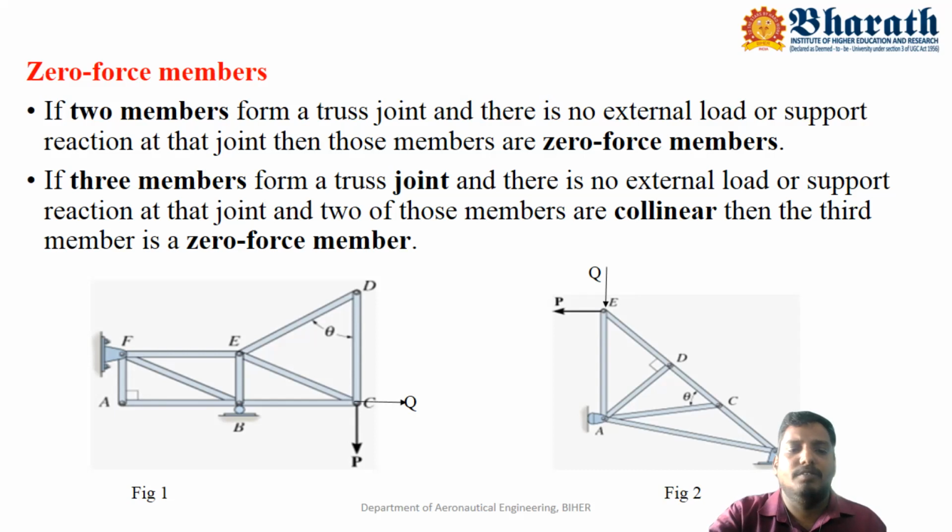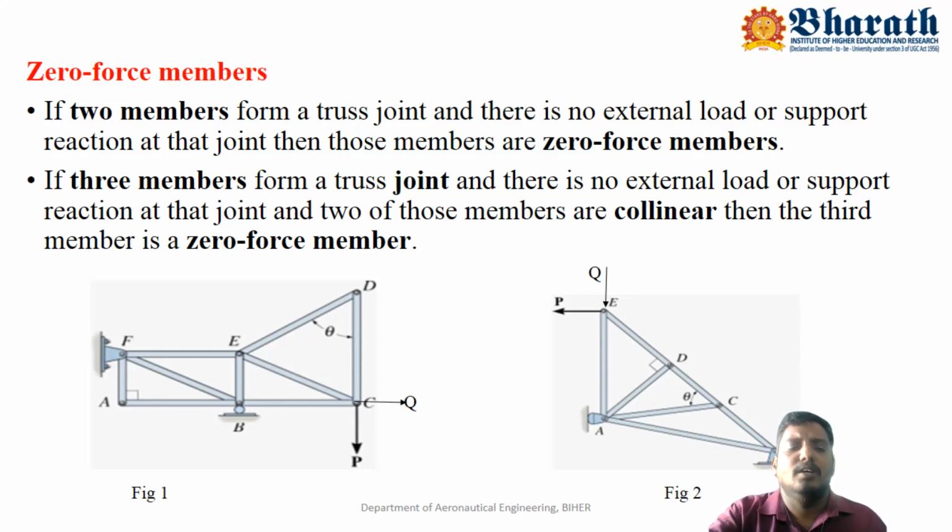Now look at figure 1. In figure 1, joint A has 2 members, and there is no external force or external loading as well as no reactive force from the support.